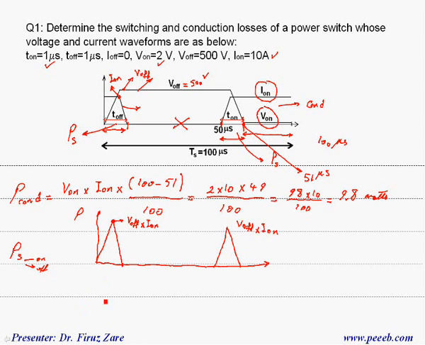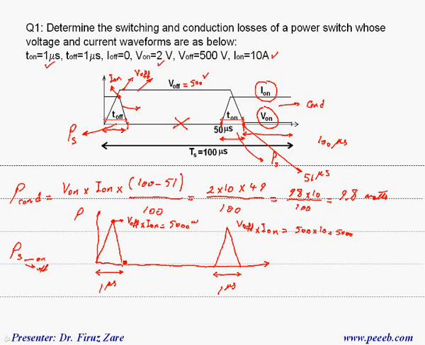The point is that this switching time is 1 microsecond, same as T on time, 1 microsecond. So this peak value is 500 times of 10, that means 5000 watt, same as here.